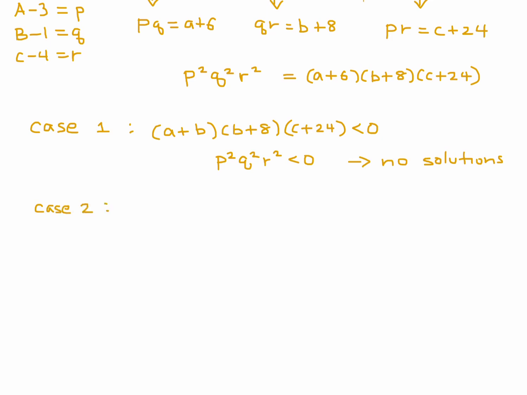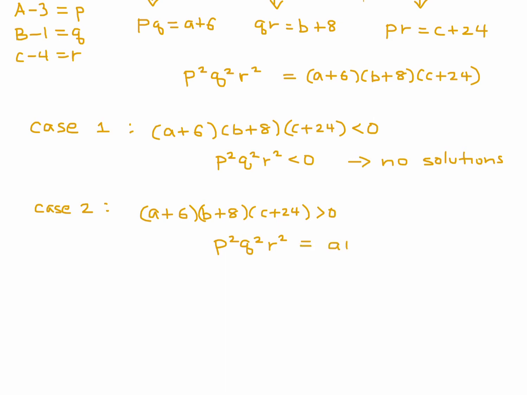Case 2. Case 2 is when you have a plus 6, b plus 8, and c plus 24 greater than 0. All right. So when that happens, that means that p squared, q squared, r squared is going to be greater than 0.